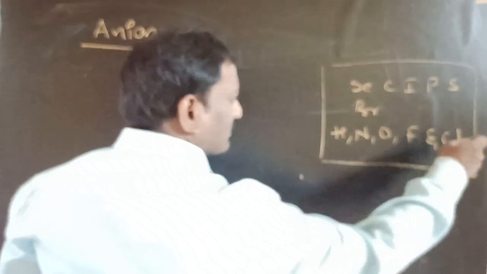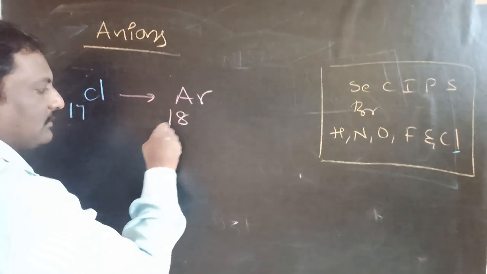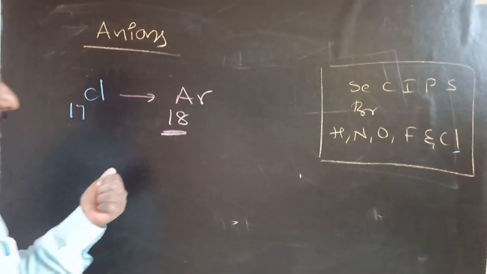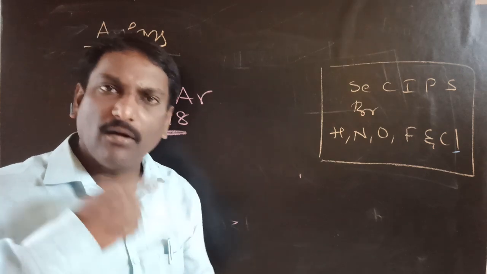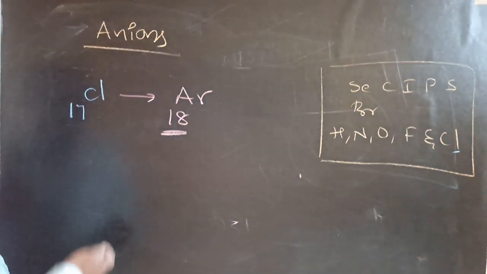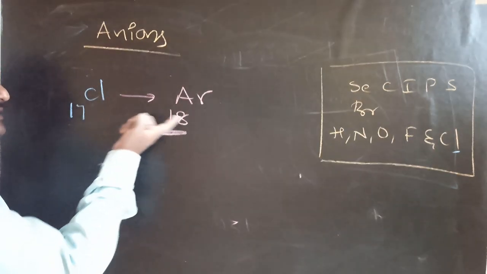Let us take a very simple example like chlorine. Chlorine, atomic number 17. Chlorine wants to attain argon configuration, because argon is the nearest noble gas of chlorine. To attain argon configuration, it should gain one electron.